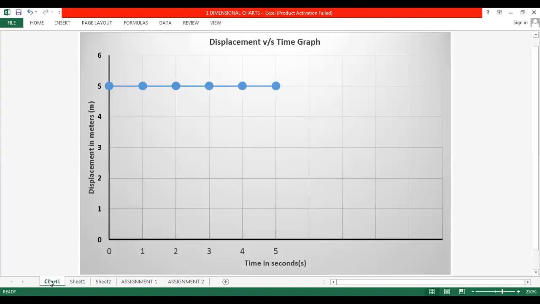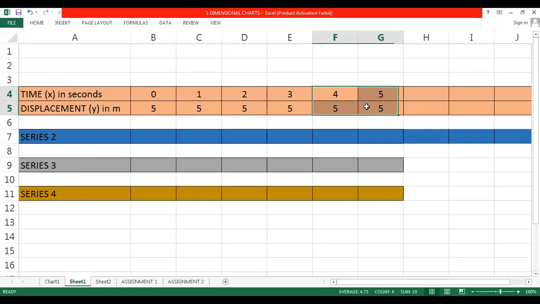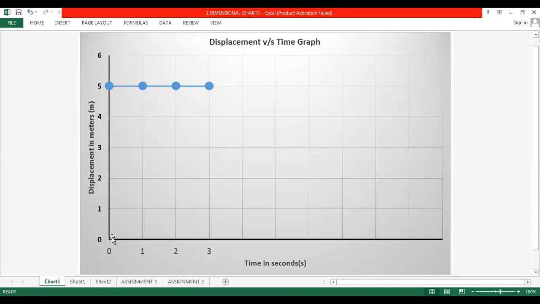Look at the x-axis and you will find that the object is at rest for 5 seconds. Assume the object is at rest for 3 seconds. So I will just delete these two parts, and see how long the object is at rest. You will find that the object is at rest for 3 seconds.